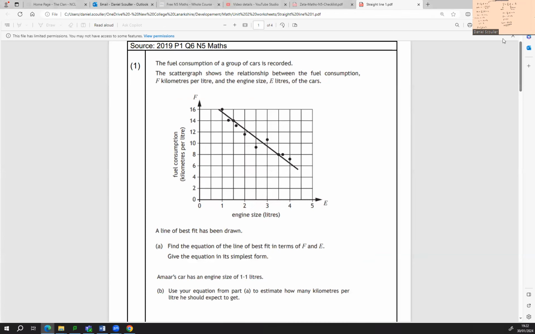This is slightly harder for the simple fact it's going to be a negative gradient. I know it's a negative gradient because that slopes downwards.